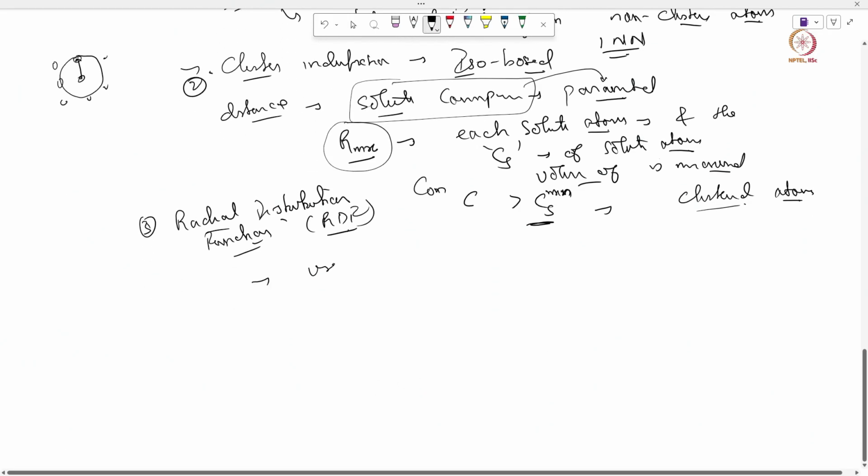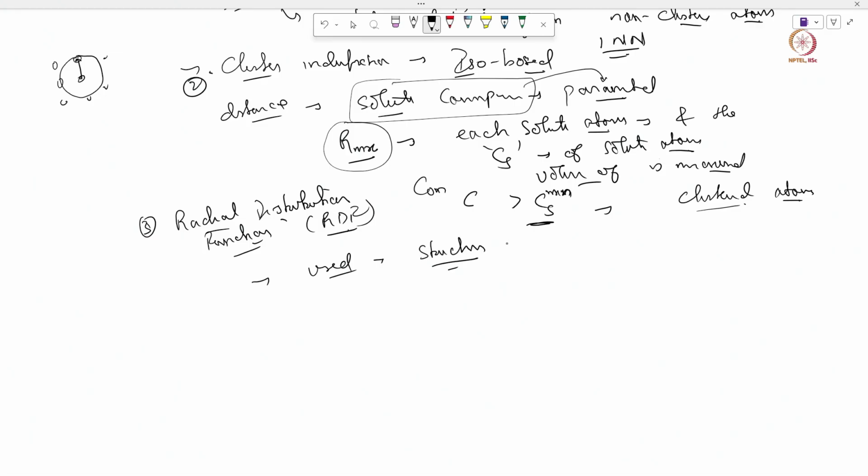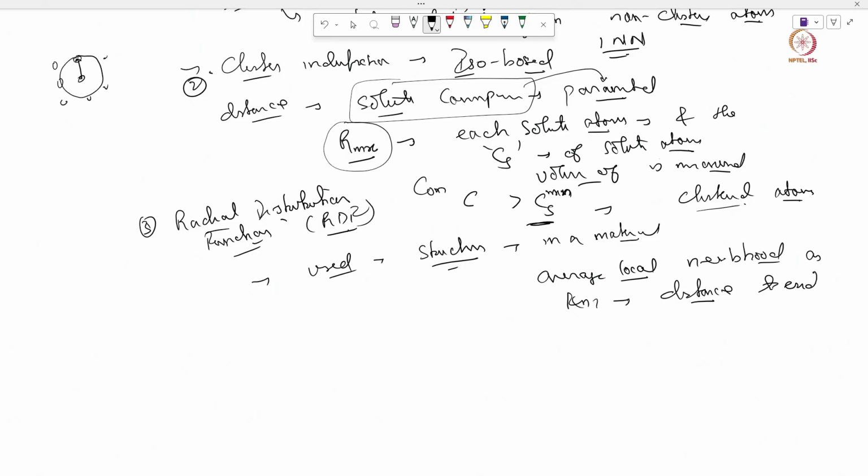RDF analysis is used to identify the structure in a material by examining the average local neighborhood as a function of distance extended radially from each atom in the data set.